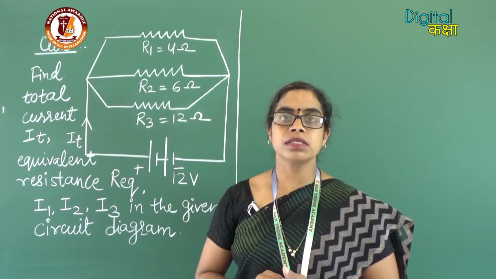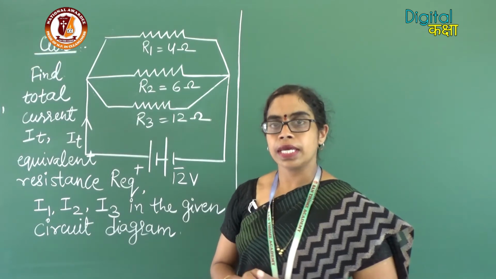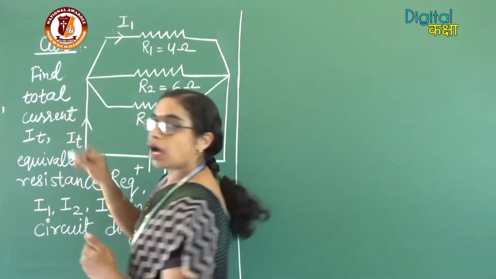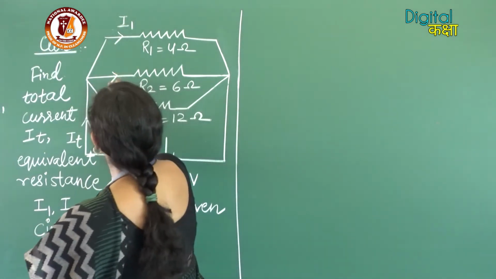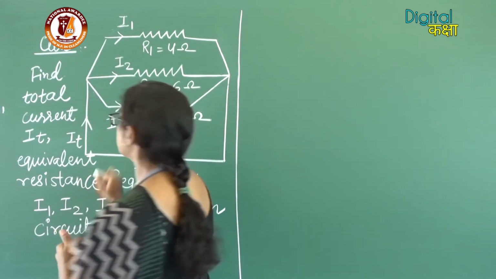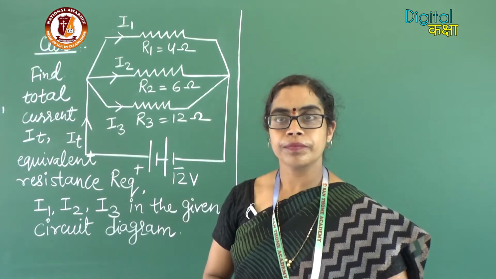So, let us complete the circuit diagram by taking the current I1 in the resistor R1, I2 in the resistor R2 and current I3 in the resistor R3.